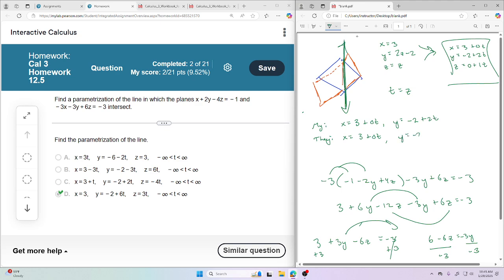Theirs is y equals -2 plus 6t. Keep this in mind. Z for me is 0 plus 1t. Their z is 0 plus 3t. Do you see the similarities? Yep, they multiplied it by 3.